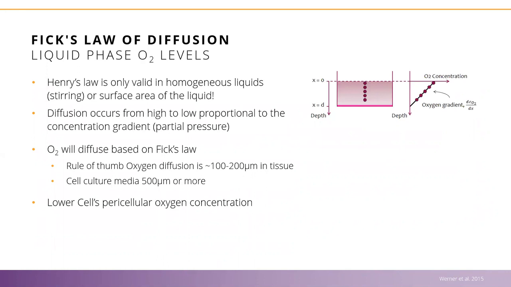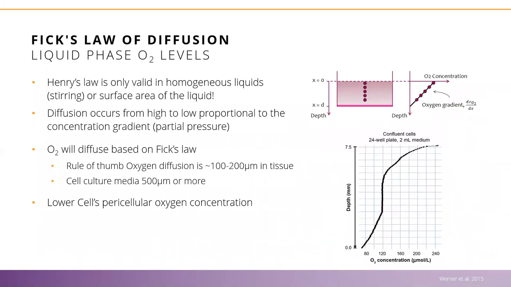But there is a good side to it, because these cells are consuming the oxygen at the bottom of the well, basically functioning as an oxygen sink. And here on the right side, you see a graph from an experiment that shows on the x-axis the oxygen concentration and on the y-axis the depth.